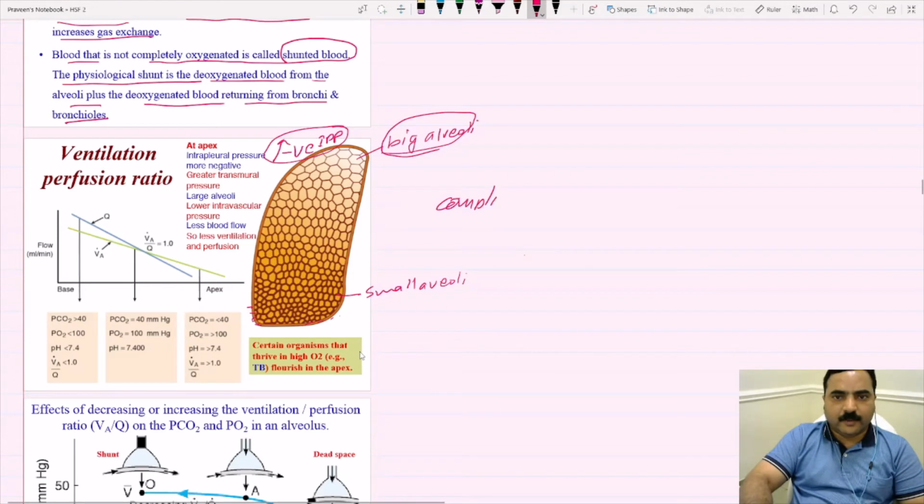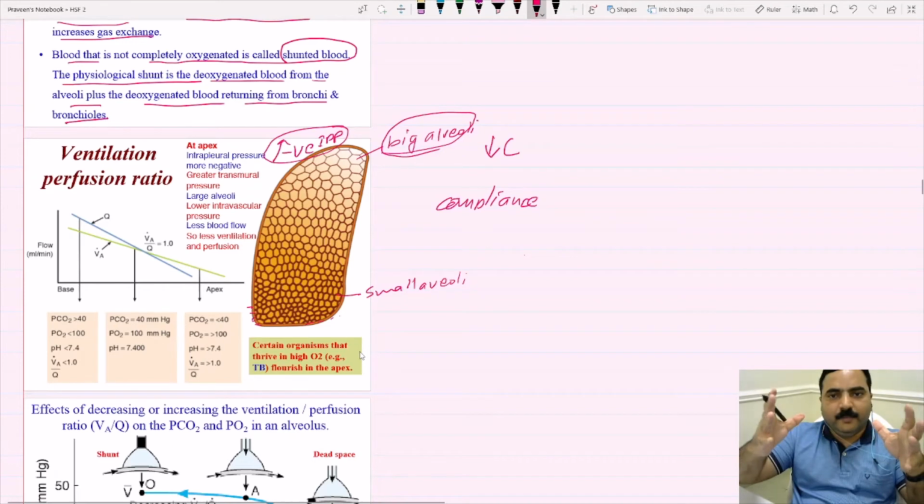Hope you remember the compliance that we have discussed before. As the alveoli are big, the compliance over here is less, because it is already big, so the chance of expanding further is less. Whereas in small alveoli, you will have more compliance.